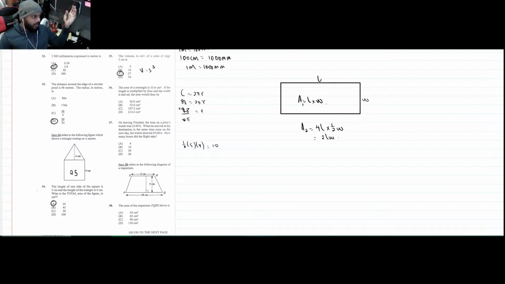So if I have one area and then I have a next area where the length is multiplied by 4 and the width is halved, then the area is doubled. So if it has 53.6, the area is doubled. C will be my answer.